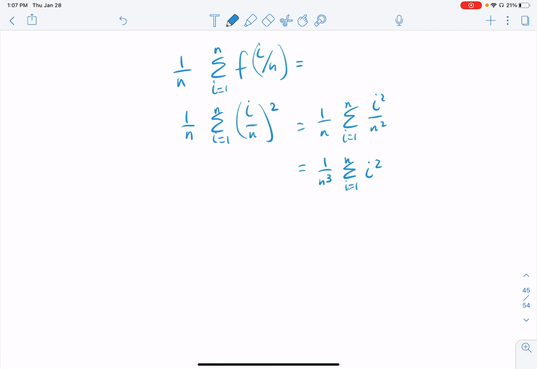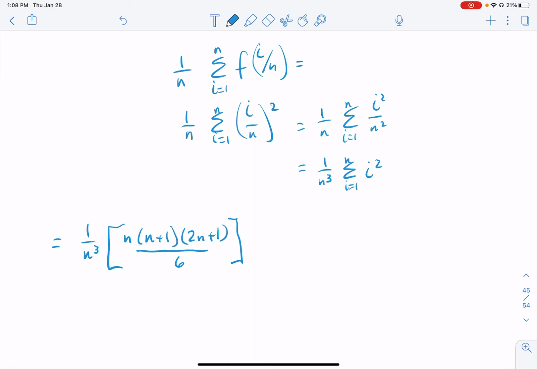So for the sake of space, I'm going to cram it over here to the left: 1 over n cubed times n times n plus 1 times 2n plus 1, all of this divided by 6. That was taken from the sum formula for i squared.